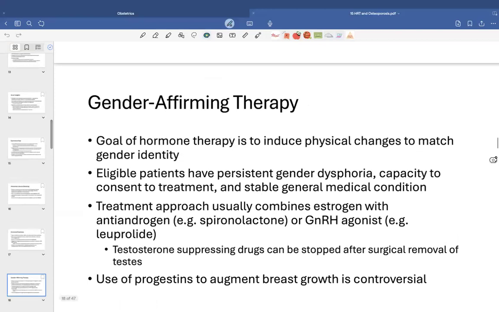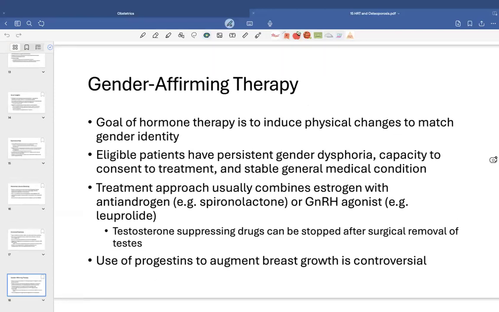And of course, gender affirming therapy for transgender women. This is basically the hormonal component. Very often, this will be a lengthy process to make sure that the individual is assessed for baseline significant gender dysphoria, they have the capacity to consent to treatment, and they're in a stable general medical condition.